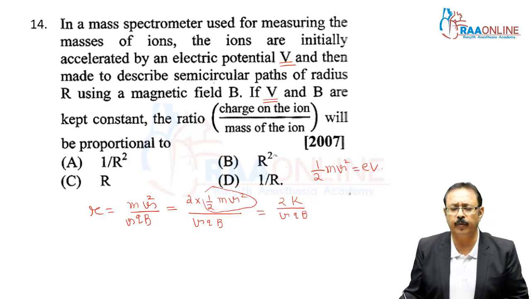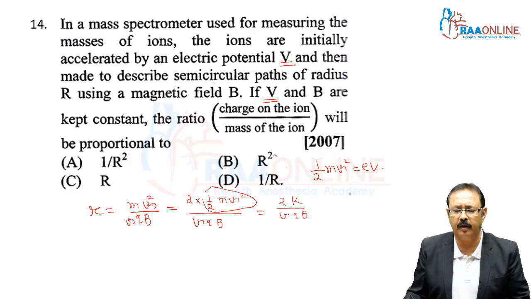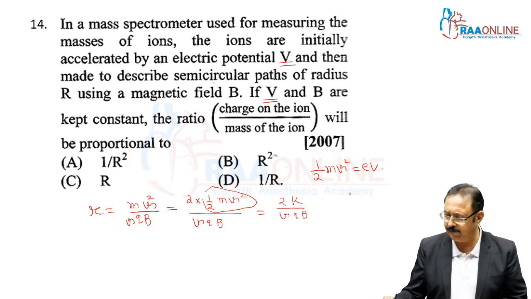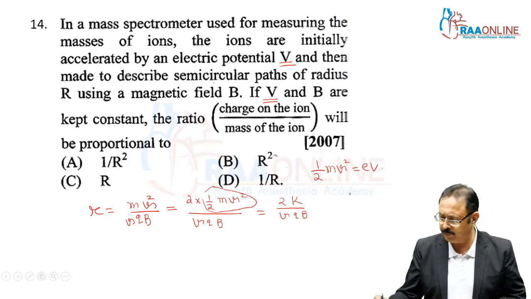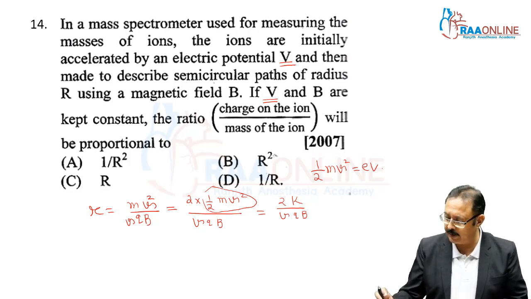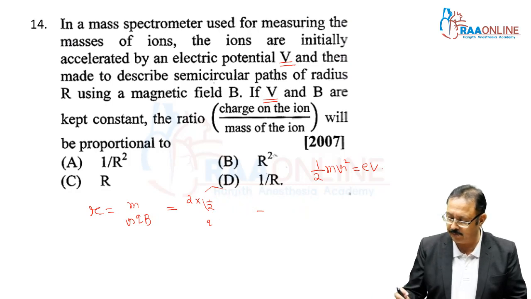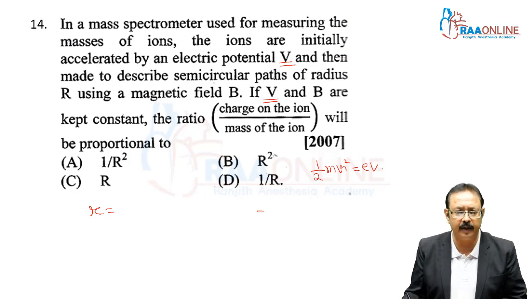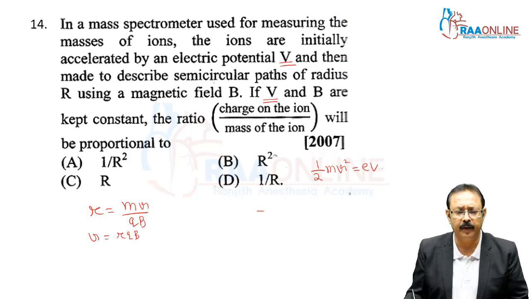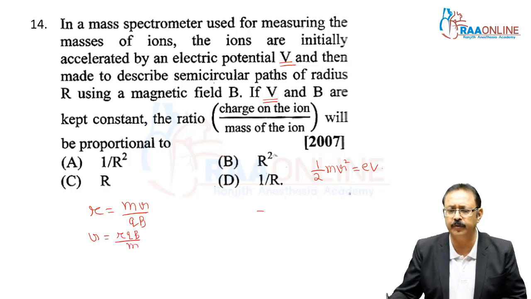So now we go with the relation R is mv upon QB. Or we can put this, because in this there is no M now. So we can use V from that relation. R is mv by QB, so V is R QB by M. We will use that.